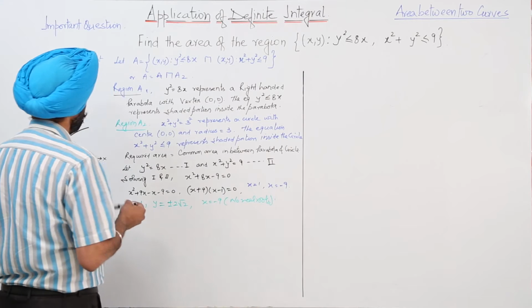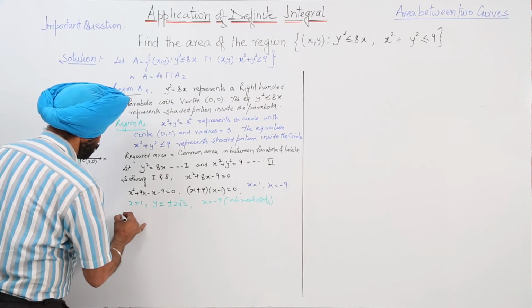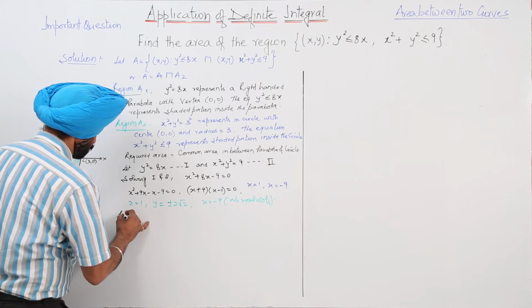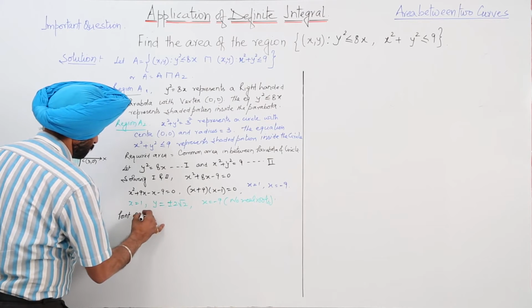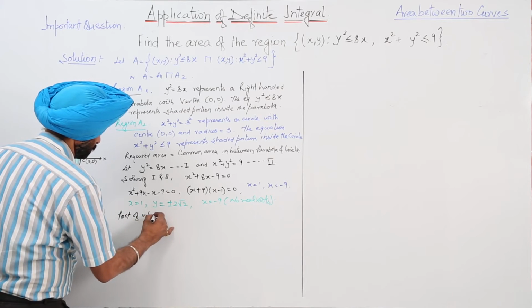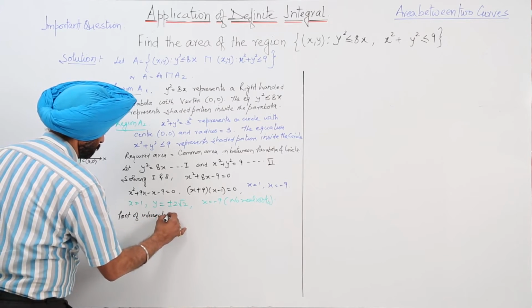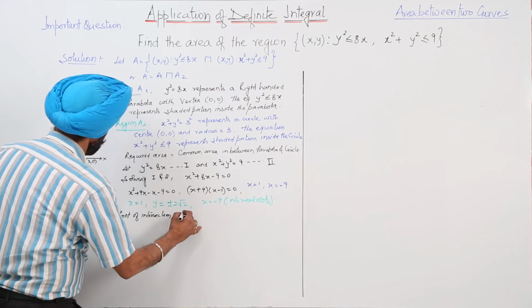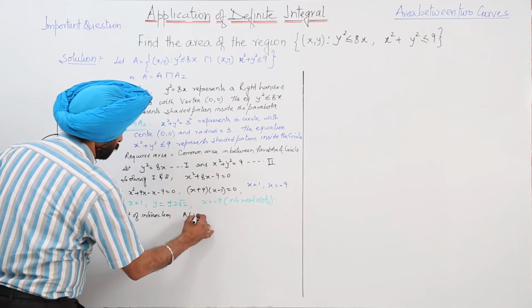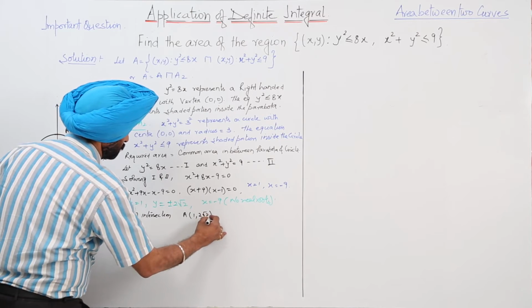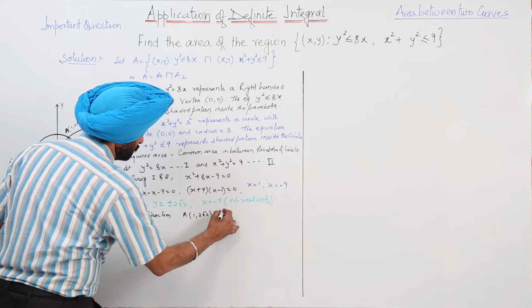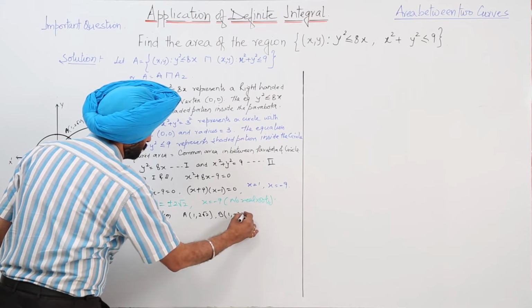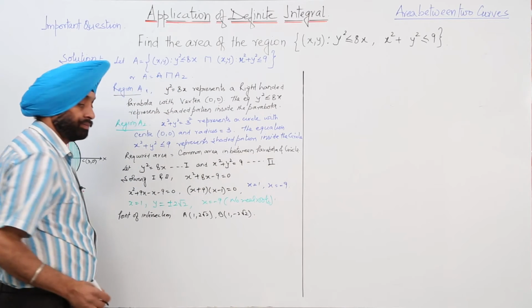Now the points of intersection are A (1, 2 root 2) and B (1, minus 2 root 2).